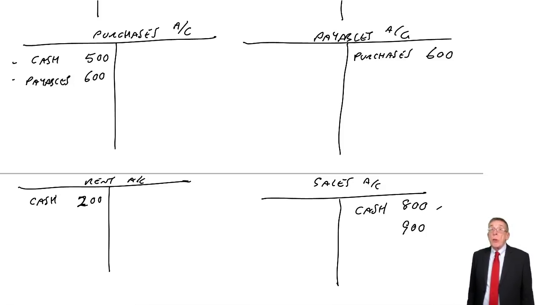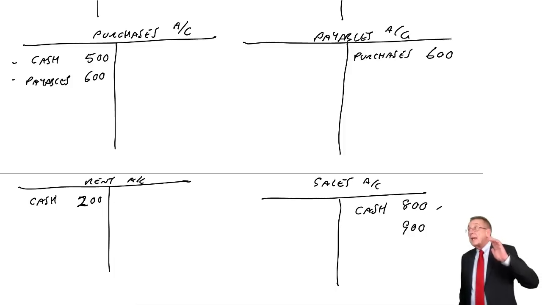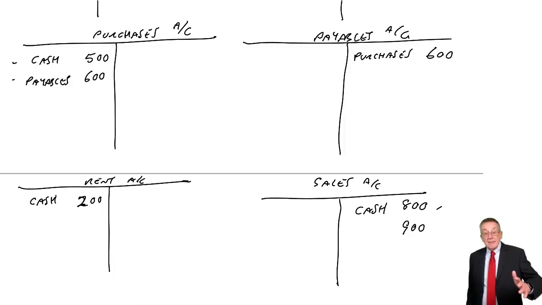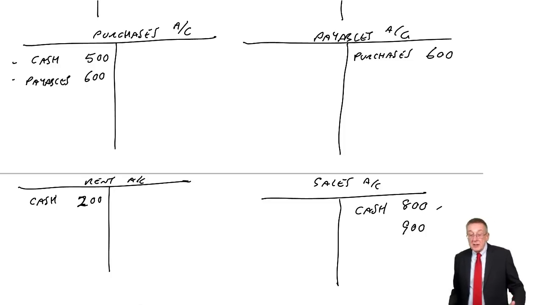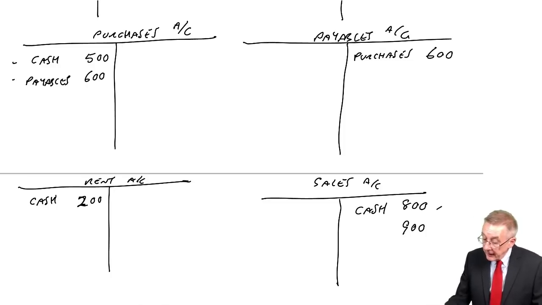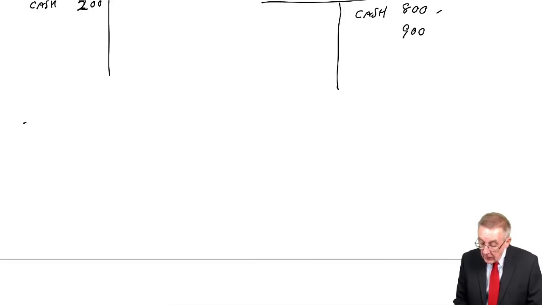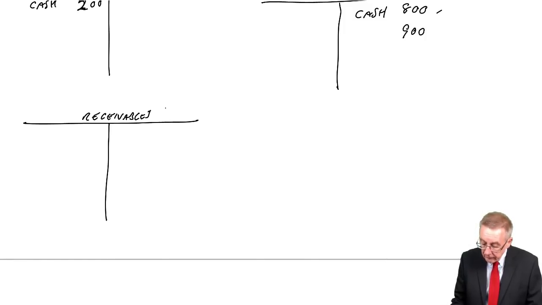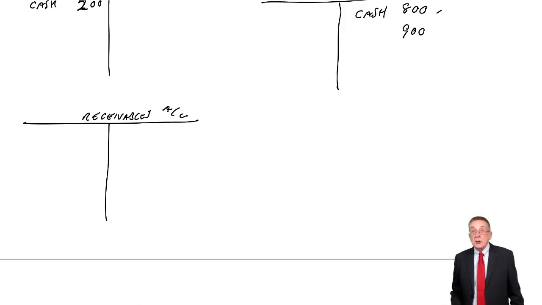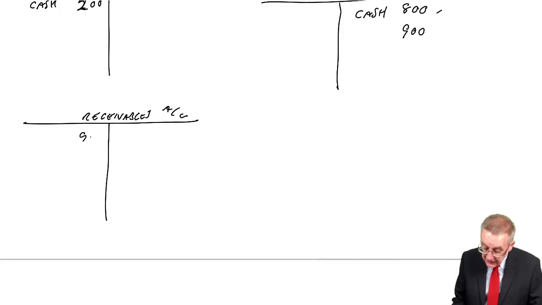Where are we going to debit? Well, we can't debit cash. They haven't paid, they owe us money. To record the fact we're owed money, we'll open up an account called receivables. The double entry, credit sales, debit receivables.